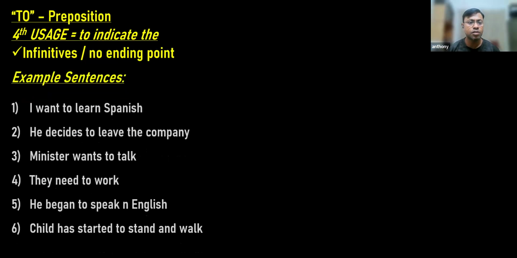Now simple examples. I want to learn Spanish. See this: to learn, to live, to talk, to work, to speak, to stand. I want to learn, I want to walk, I want to talk, I want to stand, I want to swim, I want to eat. All these actions.